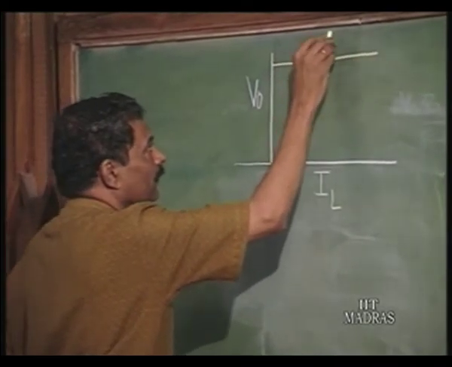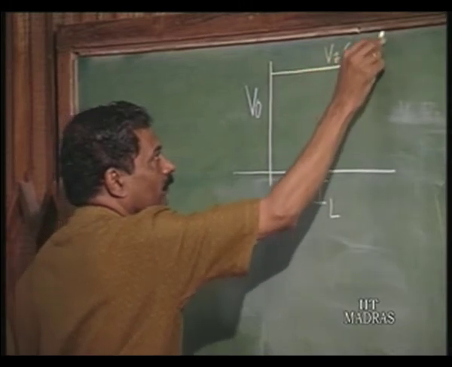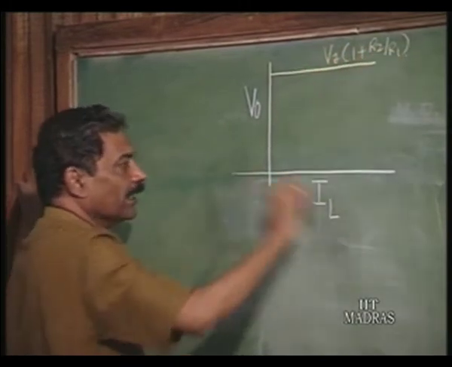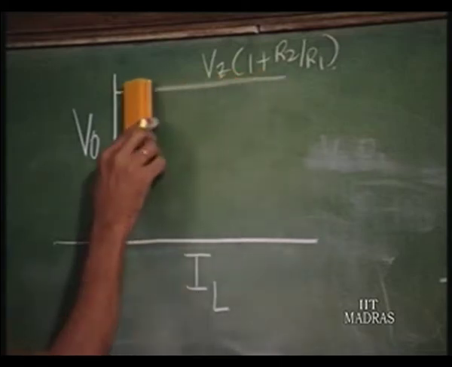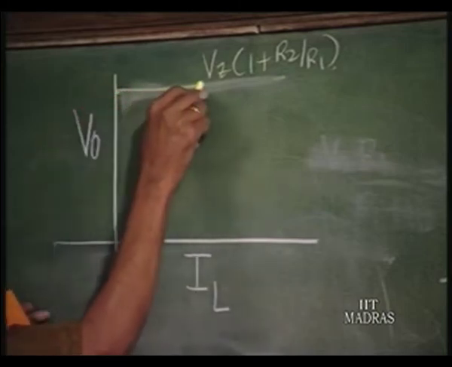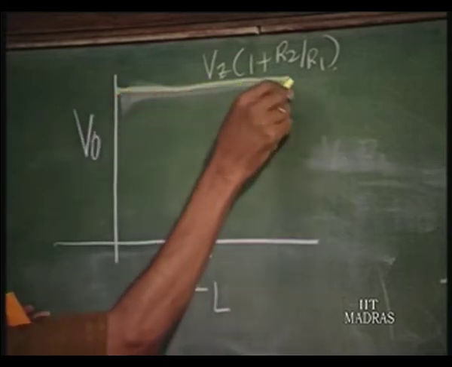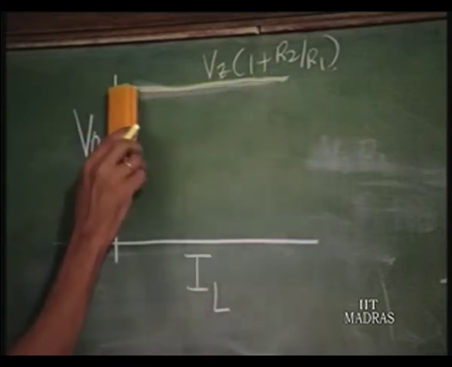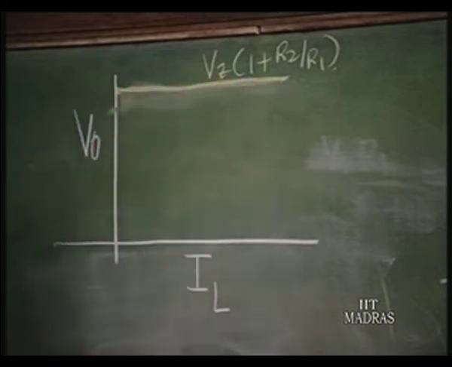This is really speaking V z into 1 plus R 2 over R 1. This characteristic is called regulation characteristic. Strictly speaking, this will not be constant, this will have some kind of slope downwards. So, that is what we want to find out, the regulation characteristic of this.